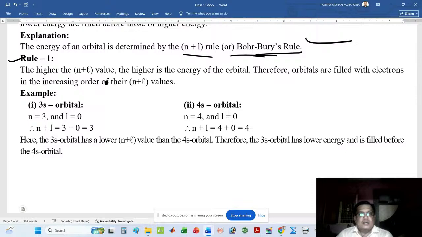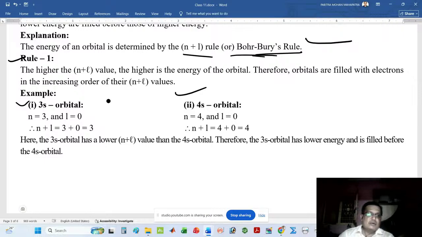According to rule one, suppose I have been given a 3s orbital and a 4s orbital. Among the two orbitals, our target is to prove which orbital has low energy. This can be proved by calculating the n plus l value. The first rule says that if an orbital has a higher n plus l value, then that orbital has more energy.